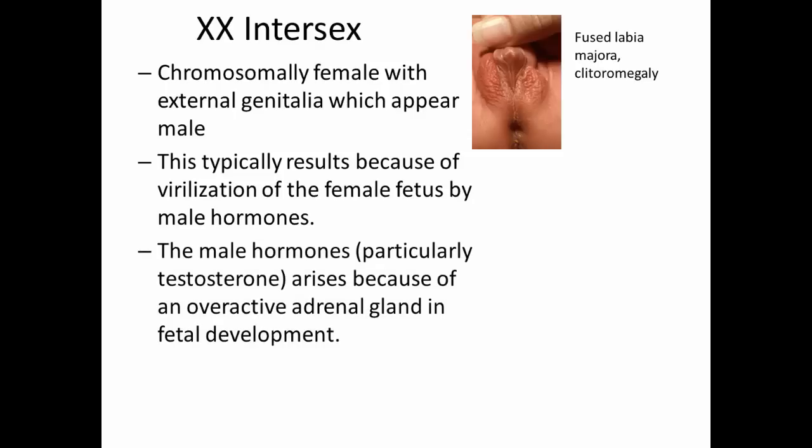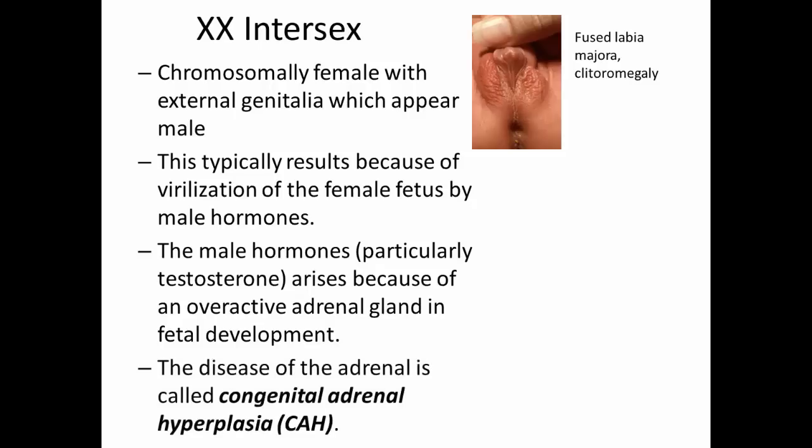So how does that occur? Well, the testosterone usually arises because of an overactive adrenal gland in fetal development. You may remember that the adrenal is very active in making corticosteroids, but in that pathway they do make androgens. And so if there happens to be a very overactive adrenal, then you're going to have lots of androgens and you may end up with this.